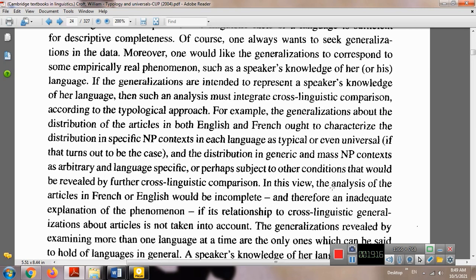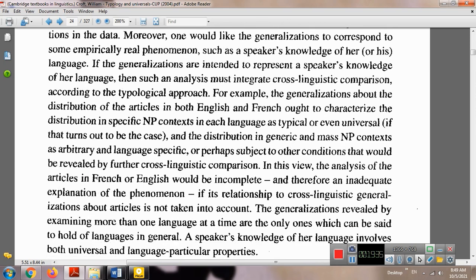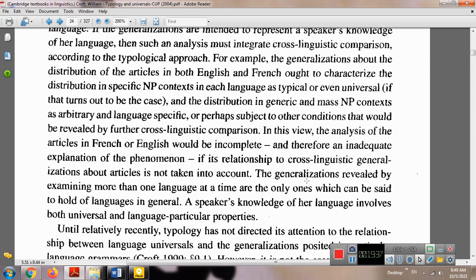In this view, the analysis of the articles in French or English would be incomplete, and therefore an inadequate explanation of the phenomenon, if its relationship to cross-linguistic generalizations about articles is not taken into account. The generalizations revealed by examining more than one language at a time are the only ones which can be said to hold of languages in general.